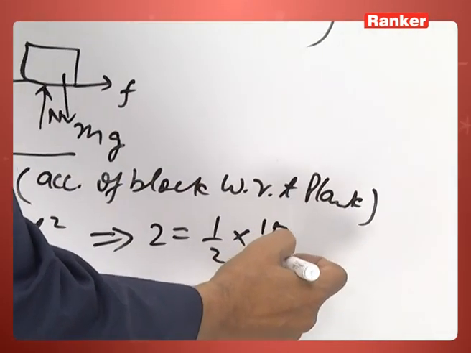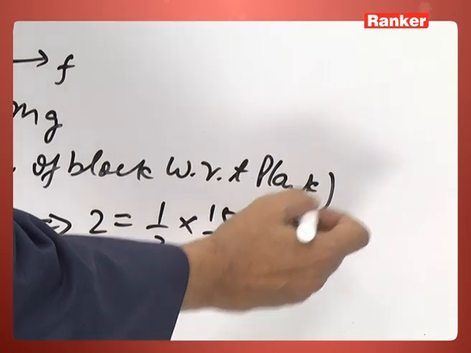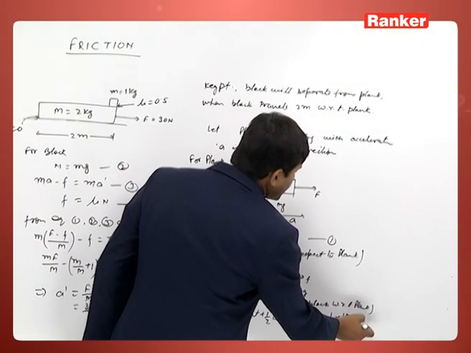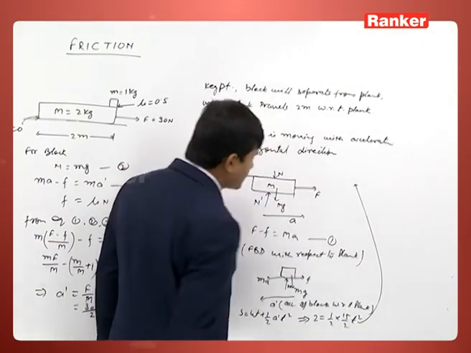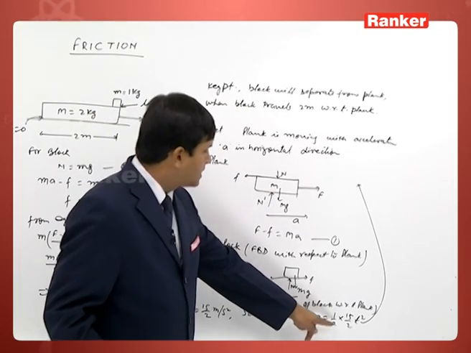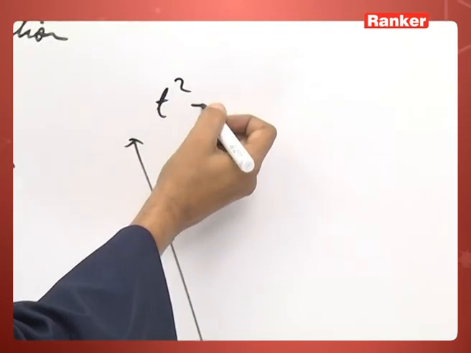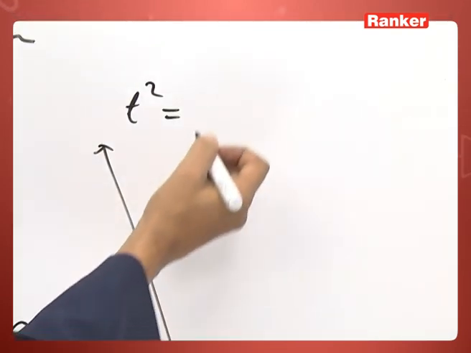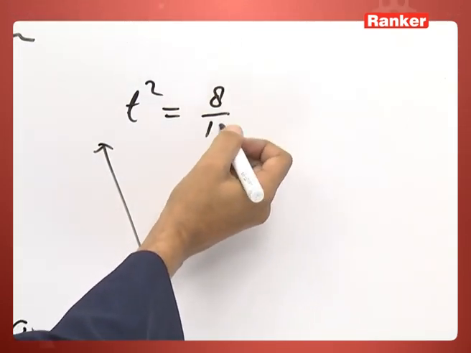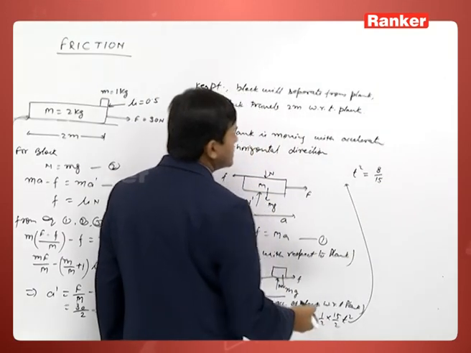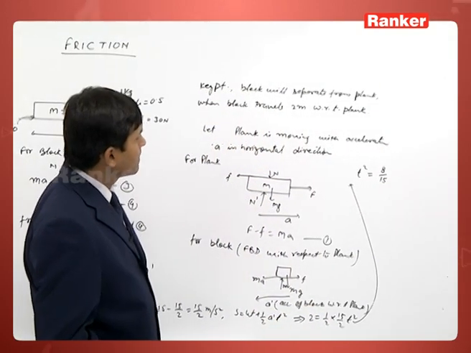So 15 by 2 into t square. So from here we can substitute the value, see like this, t square is equal to 8 by 15. This is the value of t square.